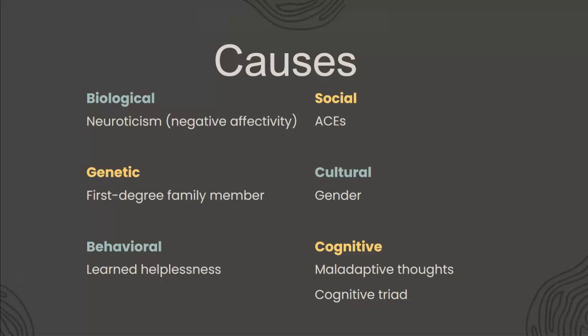Cultural issues, sometimes gender problems, and we don't get into that as much in this course, but women are more prone to depression. We'll talk in class about some of the differences between depression and how it manifests in males versus females. Behavioral, we already mentioned learned helplessness, and then a lot of depression is linked to maladaptive thought patterns, feelings of worthlessness, feelings of not being able to get out of a cycle of difficulty.